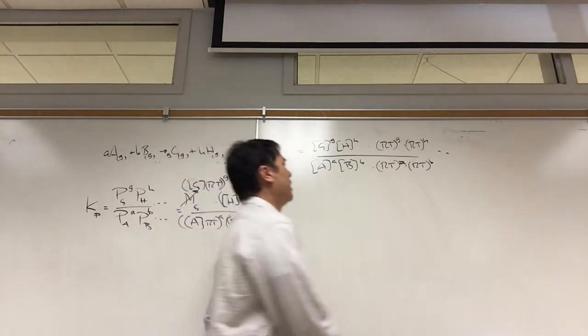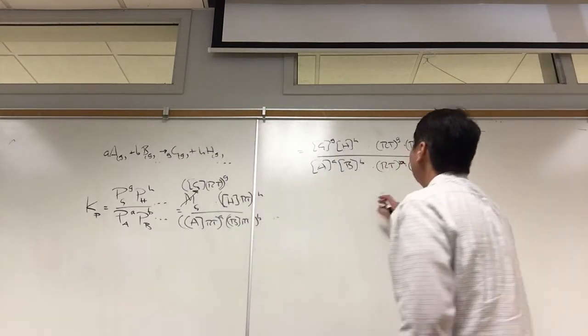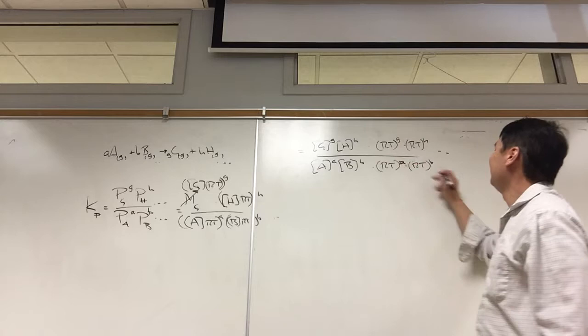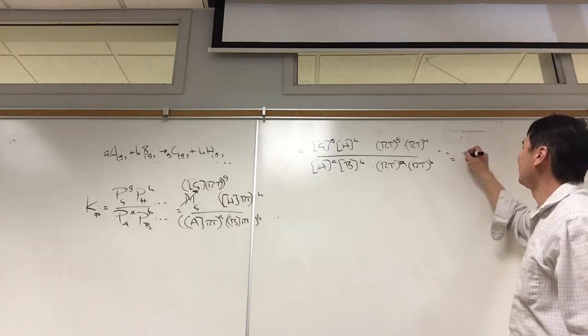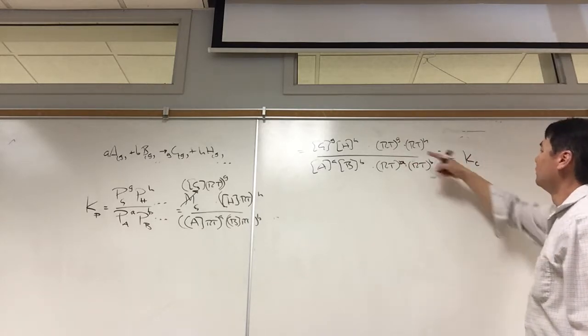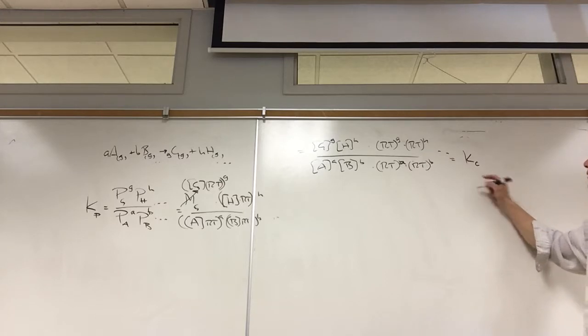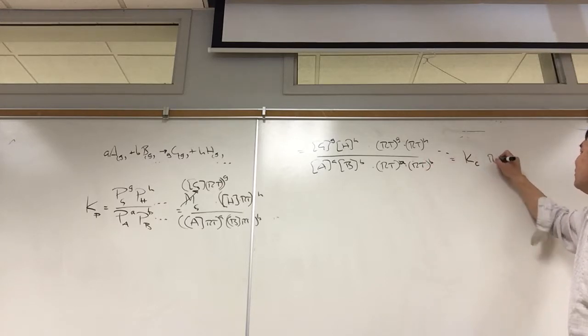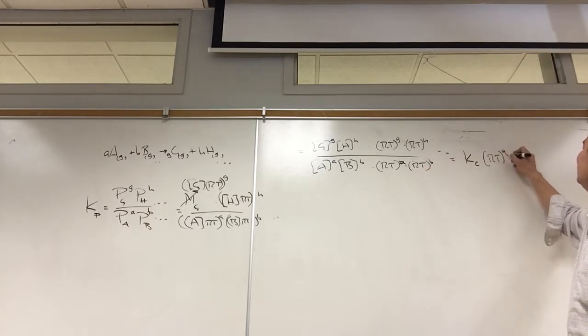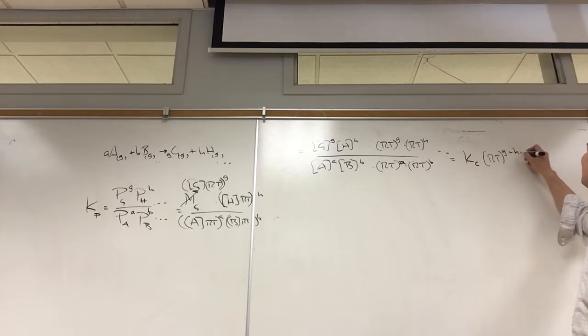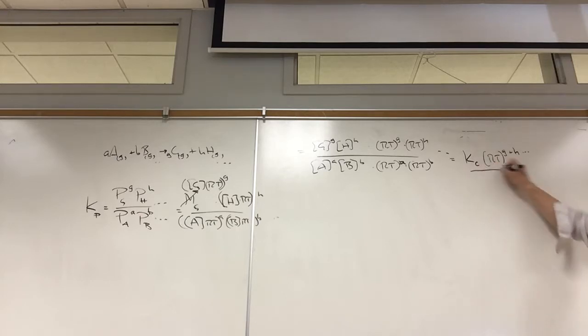And so this is why we have this other factor. This RT we can further simplify. This is going to be Kc times RT to the g plus h, plus dot, dot, dot, whatever, divided by RT to the a plus b, dot, dot, dot.